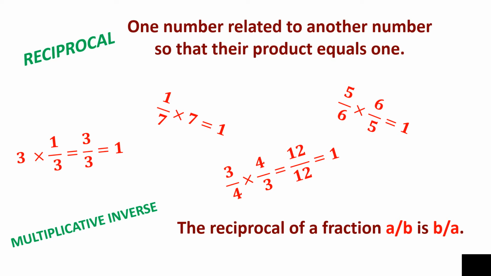What would the reciprocal of 3/4 be? Well, it would be 4/3, because when you multiply 3/4 times 4/3, the product is 12/12, which of course equals 1. In fact, the reciprocal of any fraction, a over b, is another fraction, b over a, because when you multiply them together, the product is always 1.